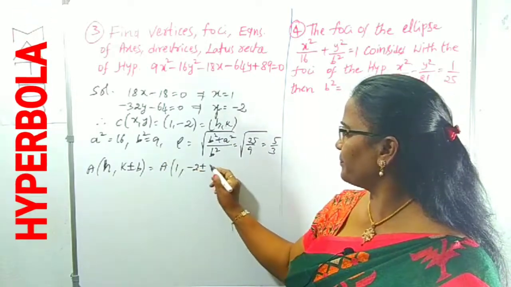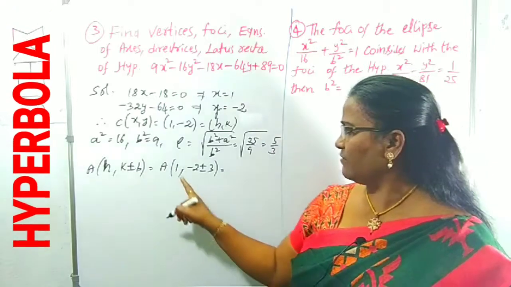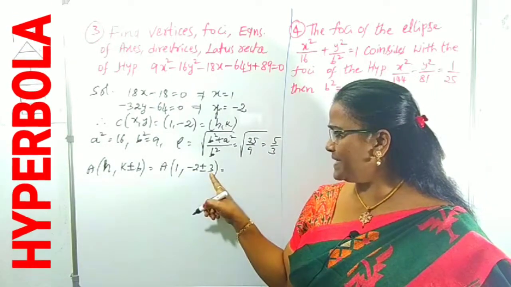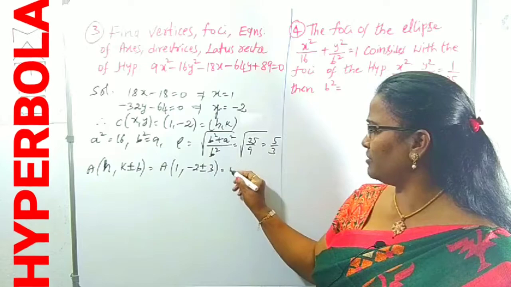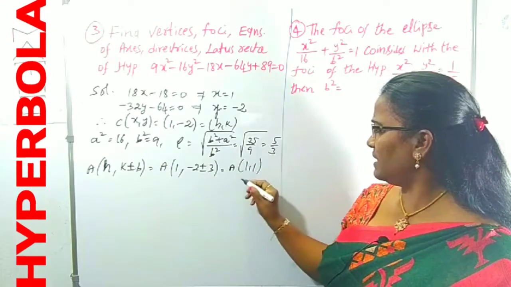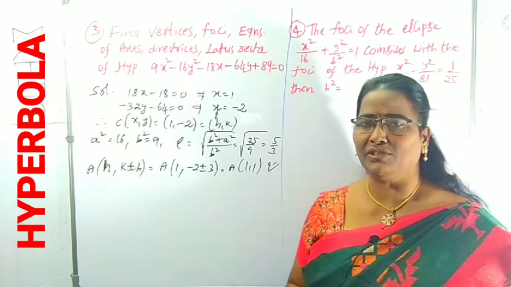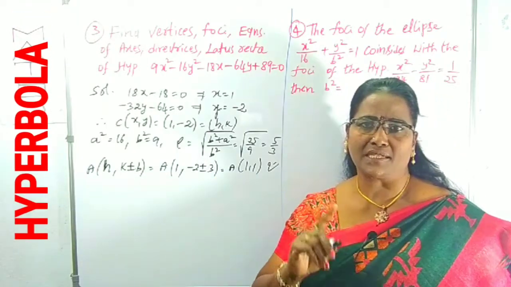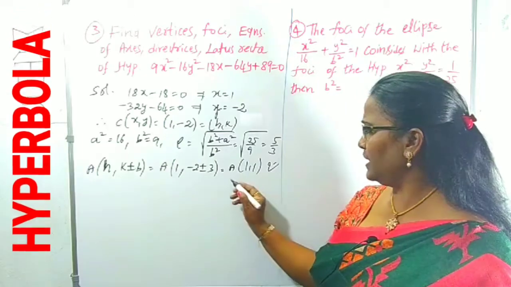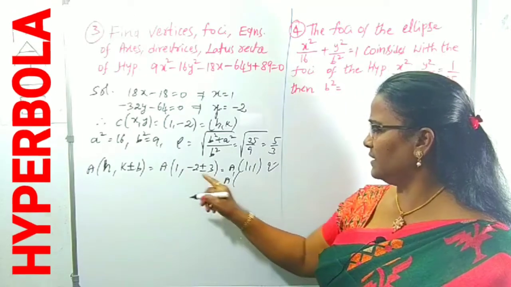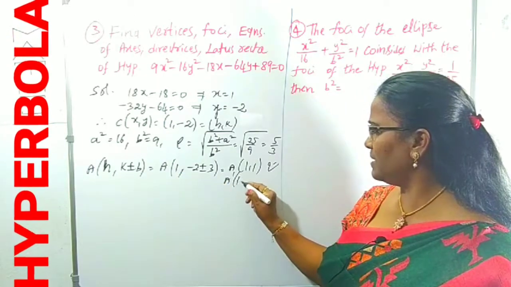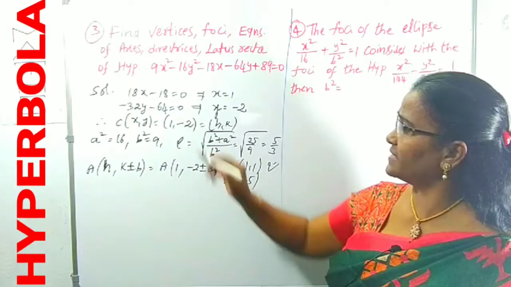B is 3. So clearly 1, minus 2 plus 3 is 1. Therefore, one of the points is 1 comma 1. For the other point we take 1, with minus 2 minus 3. Once we take the plus sign, the second time we take the minus sign. Therefore, one more vertex is 1 comma minus 5. These are the vertices.